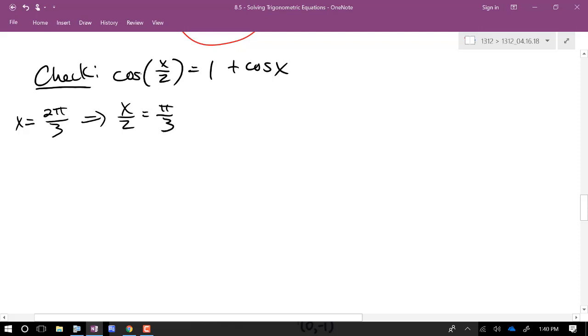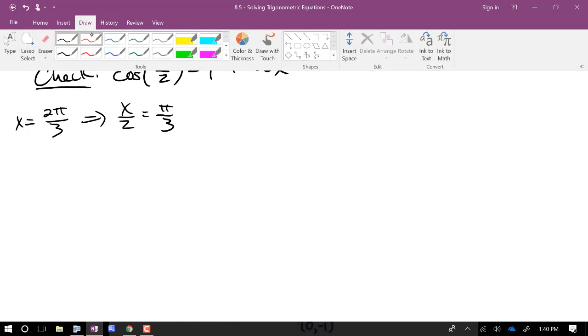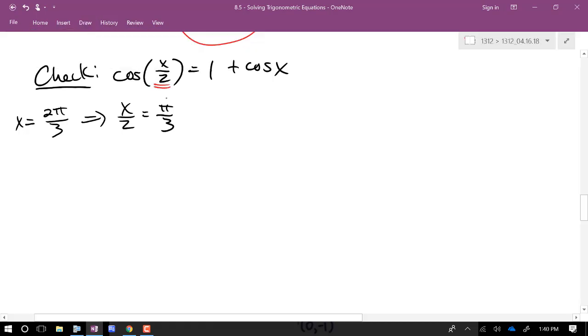And I'm checking x over 2 because x over 2 is what I have to plug into cosine on the left side. So plugging these in gives us cosine pi over 3. Is this equal to 1 plus cosine of 2 pi over 3?